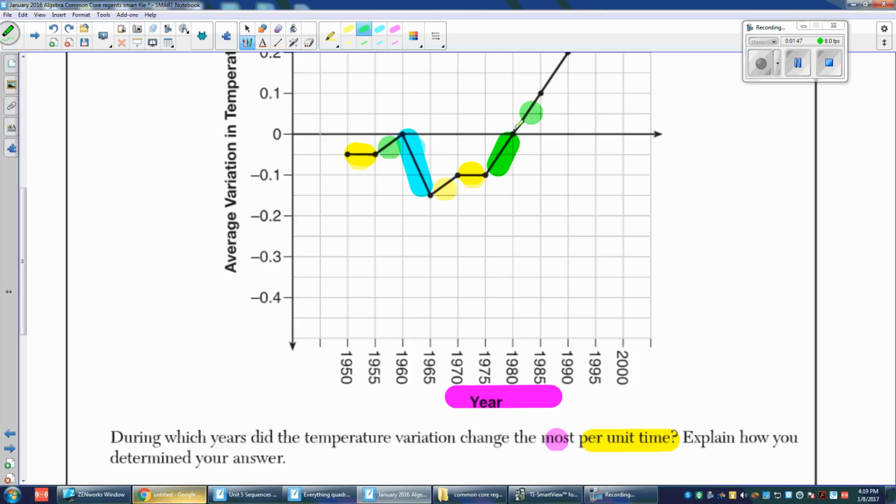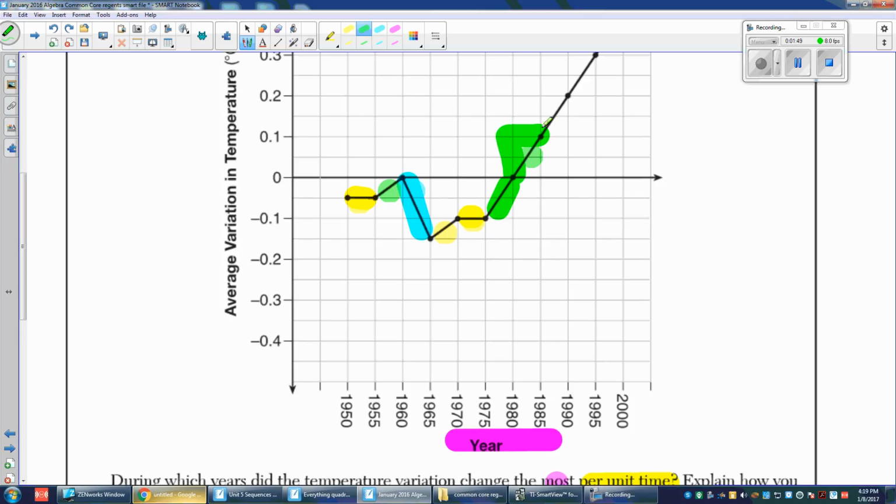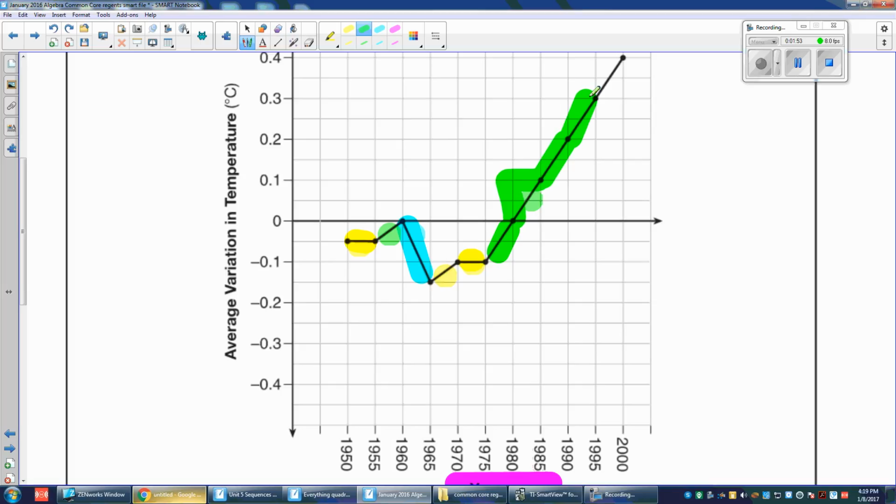Rise 1, run 1, rise 1, run 1, rise 1, run 1. So all of these are out. That's 0. Here, it's rise 1, run 1. Okay, so this is not the most either, because this part is less than these.